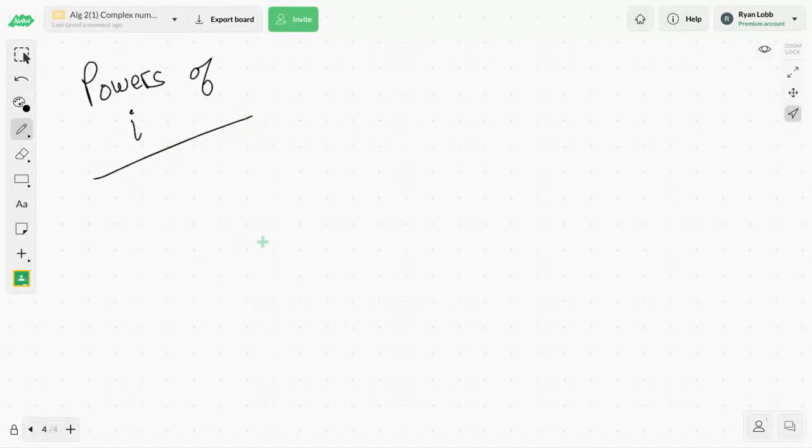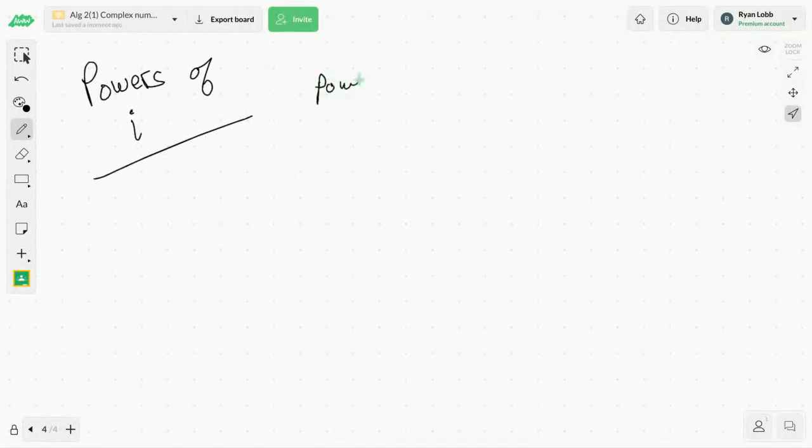Powers of i. All right, powers of i. So here we go. When we raise i to a power, it's always going to simplify to one of four things. So let's put that down.